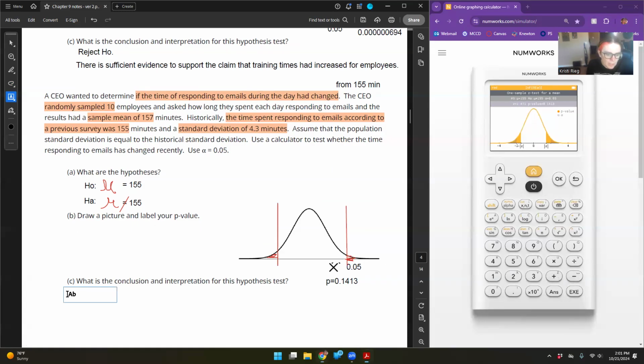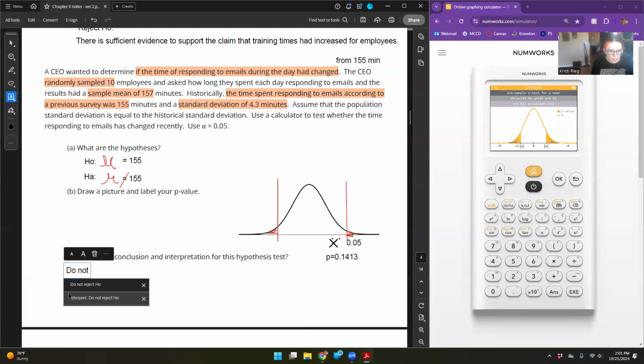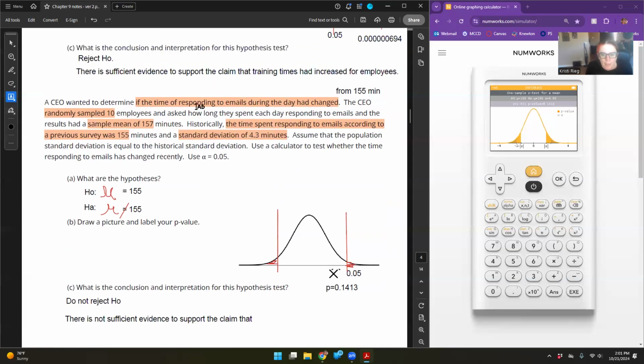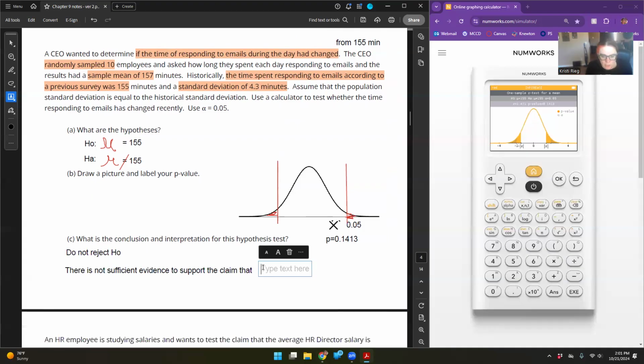Okay, so do not reject the null. That is how we are going to interpret this. And so, in other words, since we're not rejecting the null, there is not sufficient evidence to support the claim that the time responding to emails during the day had changed.